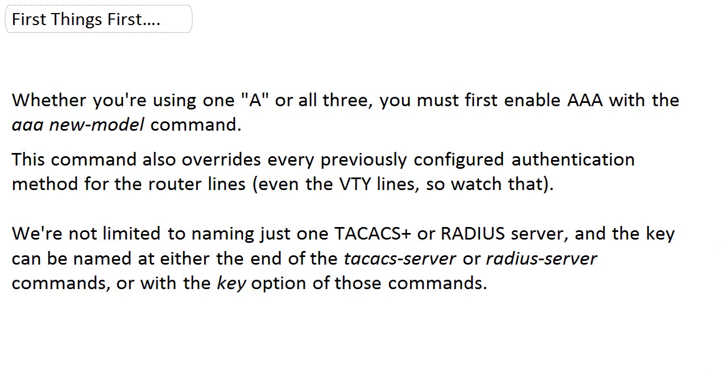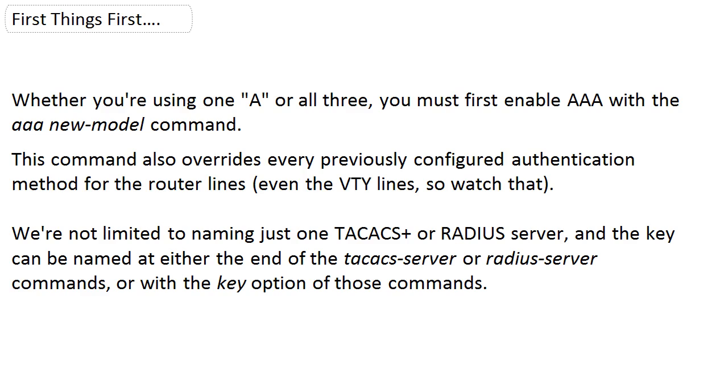And the first thing that we've got to do before we do anything else is enable AAA with the aaa new-model command. As you're going to see later when we're on the live equipment, if you start working with, say, a method list, and if you don't know what that is, that's fine, you will in a minute or two. But if you start with the command aaa authentication, and then you go on from there, and you hit enter, and you're in global config mode, and it comes up and says unrecognized command.